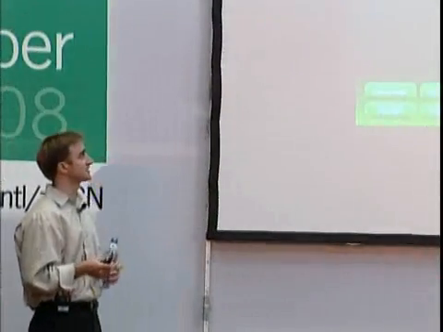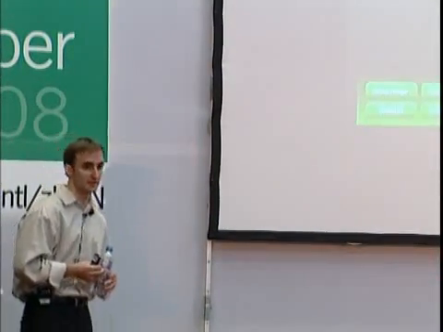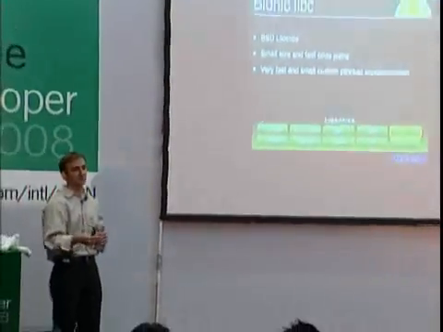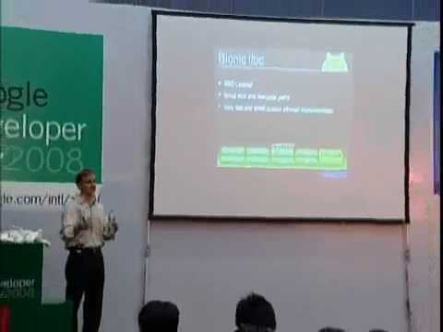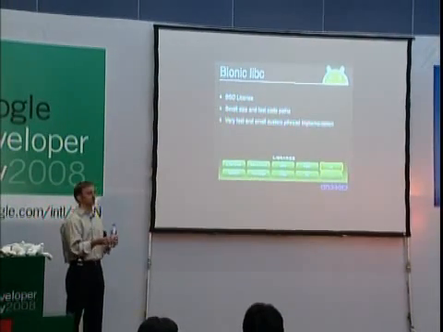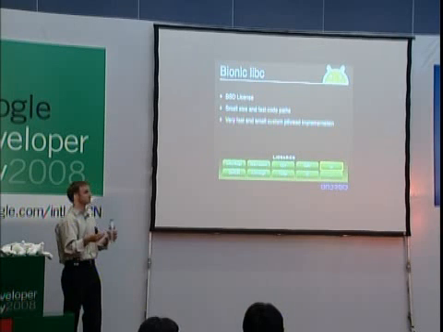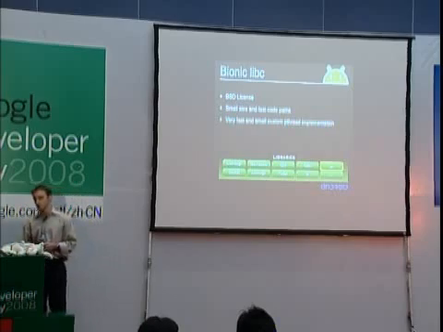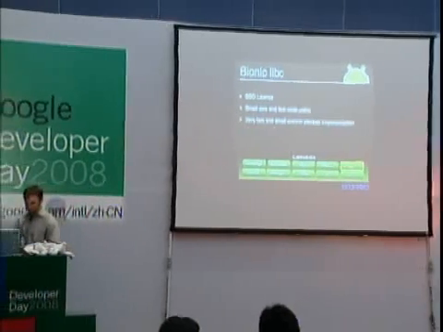It has a very fast and small custom pthread implementation, which uses 4-byte mutexes for locks instead of 12. This allows us to do things in a much faster manner and much smaller, consuming much less RAM and ROM than we would if we were using glibc.